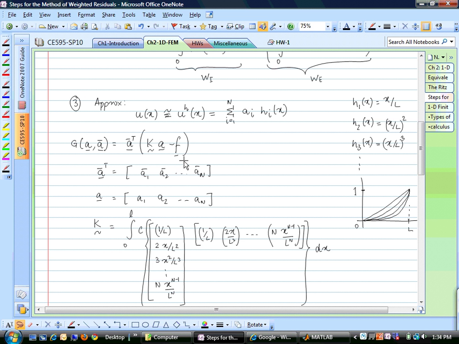That is, all the equilibrium equations are going to be satisfied in a weak fashion. And again, as long as you don't make any approximations, the weak form is exactly the same as the strong form.